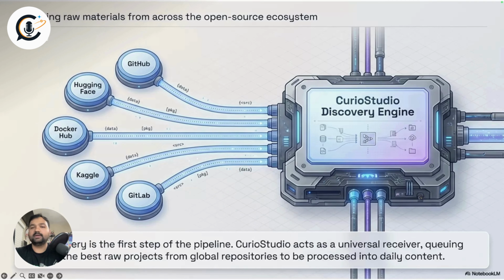In the CurioStudio pipeline, the process becomes smarter. Environment setup moves into a sandbox simulation. Project analysis becomes assisted. Repository summarization tools become a centralized operating dashboard, and output generation covers thumbnails, descriptions, hashtags, and metadata. This is the main transformation: less chaos, more pipeline.